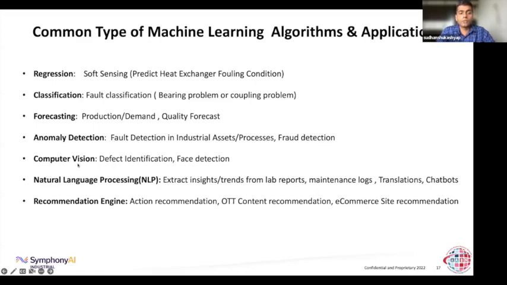And computer vision, where we do machine learning in the industrial domain for defect identification. For example, say we are producing some product, like steel rods, and we are seeing scratches on them, right? So a computer vision system could look into it and tell that, look, we are producing a faulty product here.